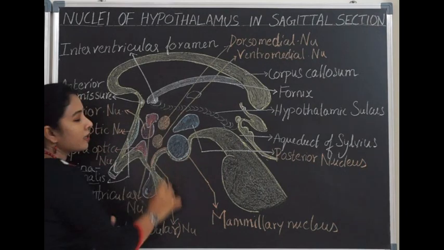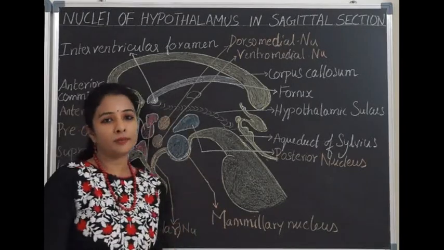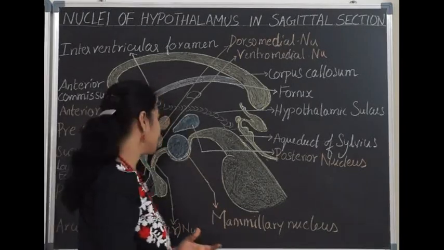So all these are the parts of the floor of the third ventricle which actually belong to the hypothalamus.